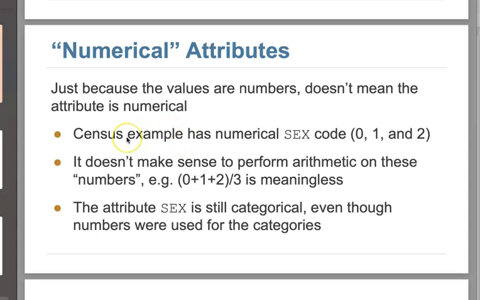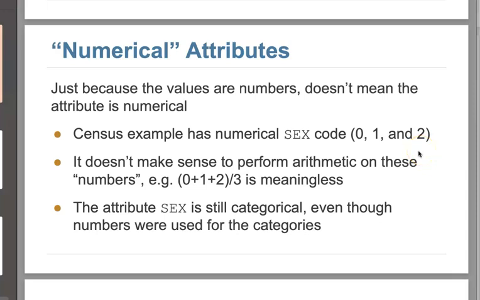For example, in the census data we saw in the last lecture, we have the column sex, with the values 0, 1, and 2. The male represents 1, the female represents 2. We make the data easy to process using 0, 1, 2. Of course, we can still use strings to represent male and female.